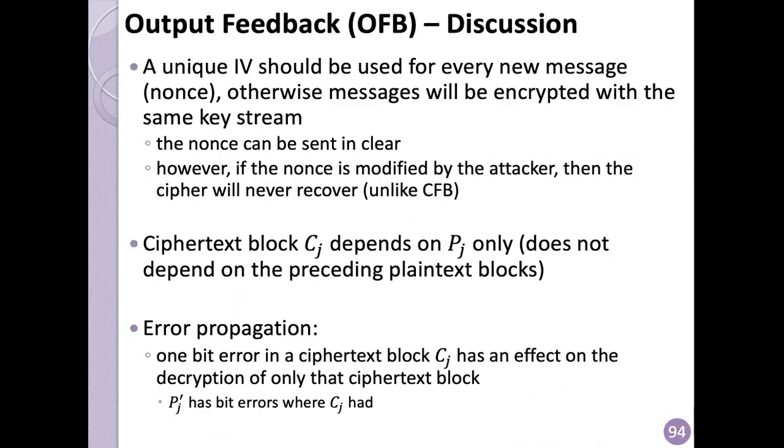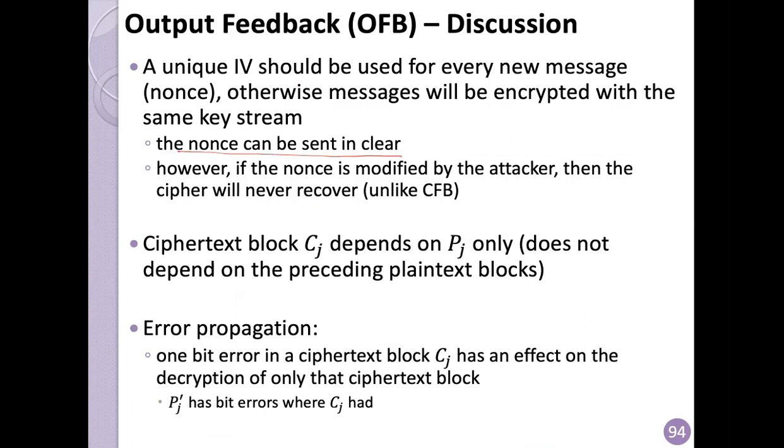Okay, as I said, the initialization vector should be unique, that we call a nonce. Otherwise, the same encryption chain will happen to different plain text, which is of course something that we don't need. Again, the nonce, like an initialization vector, we just need to make sure about the nonce integrity. We don't need to keep it secret.